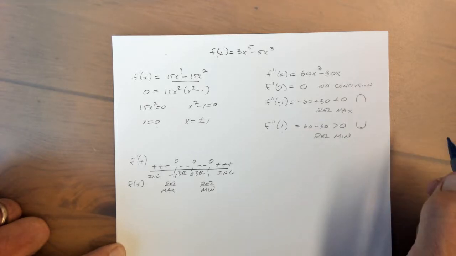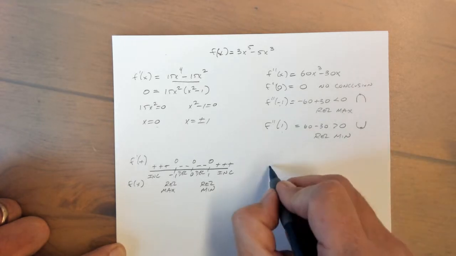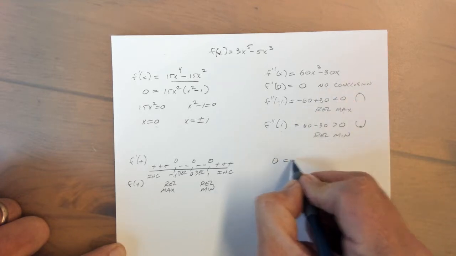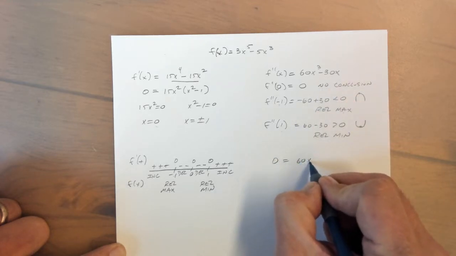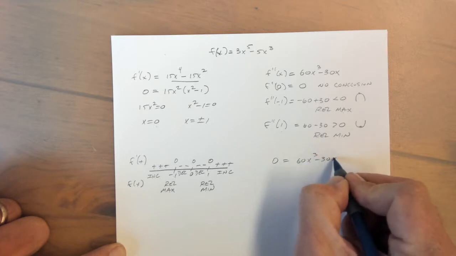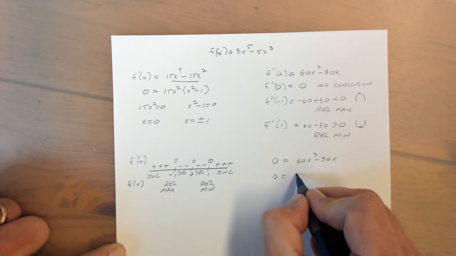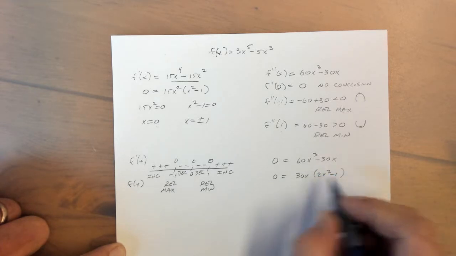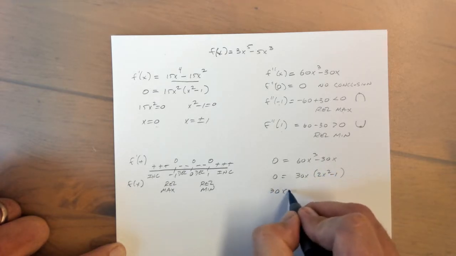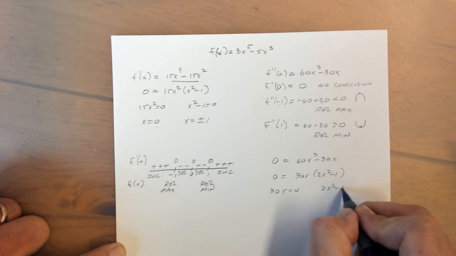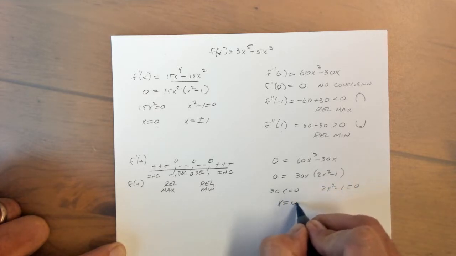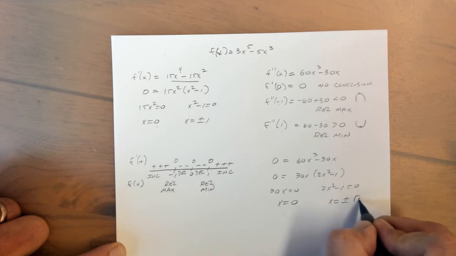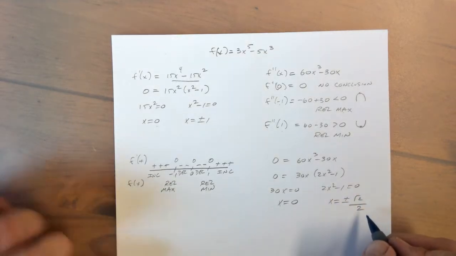So now we want to look at the concavity, and so we will find the zeros of the second derivative, the critical numbers. I will factor out a 30x. We're left with 2x squared minus 1. And again, using our zero product property, we get 0, and here we would end up with x equals plus or minus root 2 over 2.